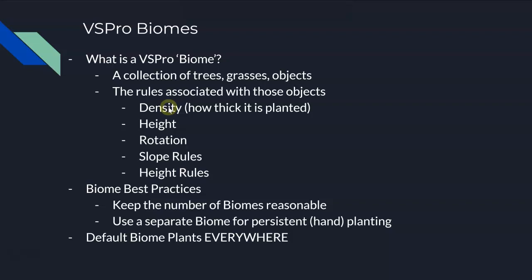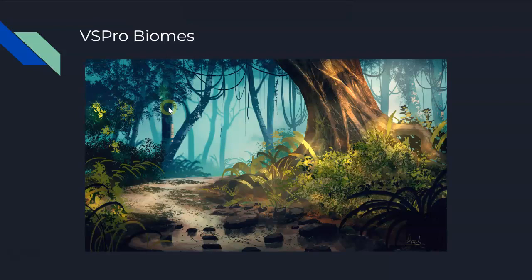It'll plant everywhere on that, which can come in handy for using image-based planting, which I referred to earlier that we're not going to cover. But it doesn't work well for what we're going to do with biome mask. So we're not going to have a default biome. So if you ever see something about creating a default biome, just stay away from that for now. You're not going to be using a default biome.